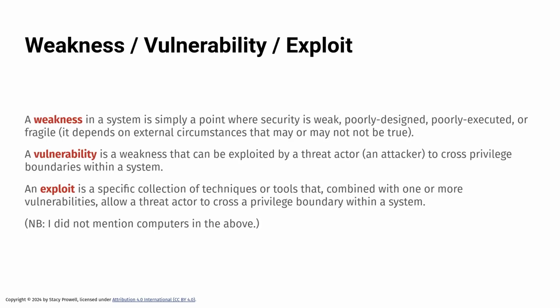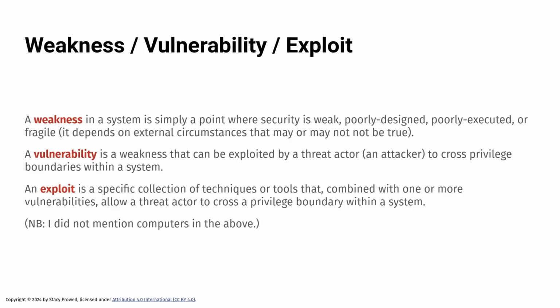A vulnerability is a weakness. Actually, it can be multiple weaknesses together that make up a vulnerability, but it's weaknesses that can be exploited by a threat actor, an attacker, to cross privilege boundaries within a system. So I'm throwing lots of words at you here. A threat actor? Right, somebody, an actor out in the world who poses a threat to your system.